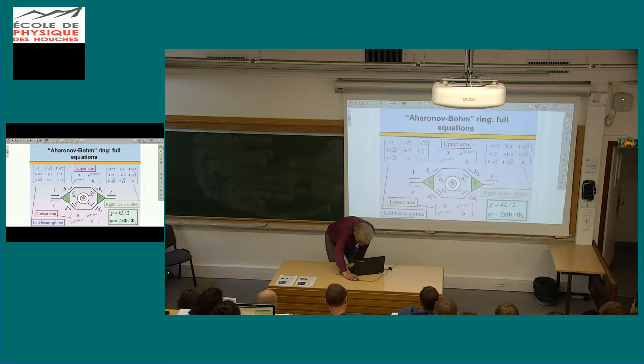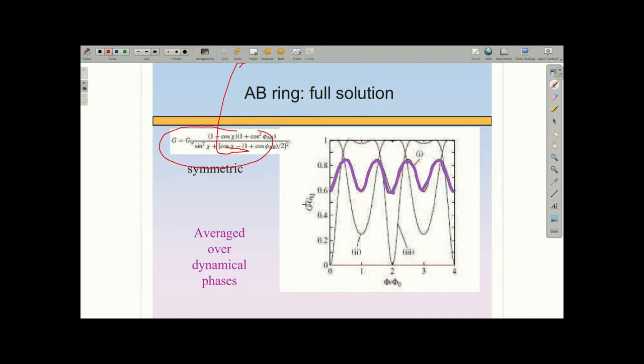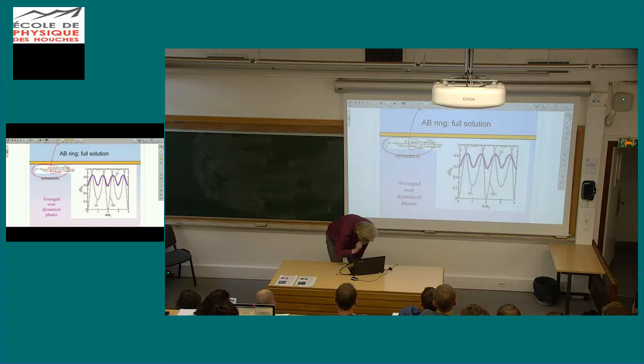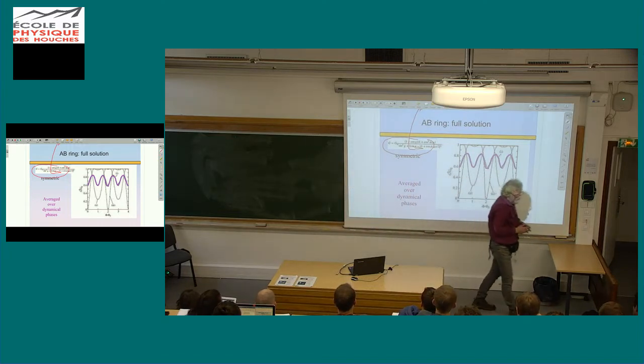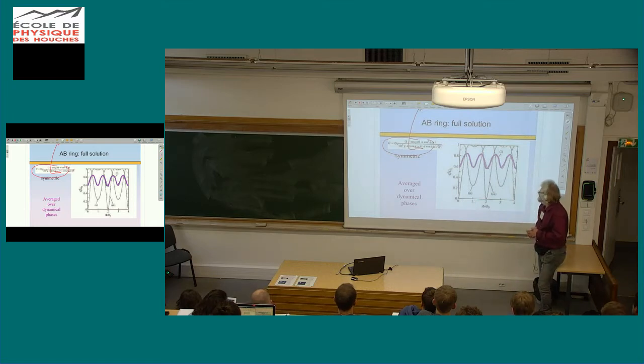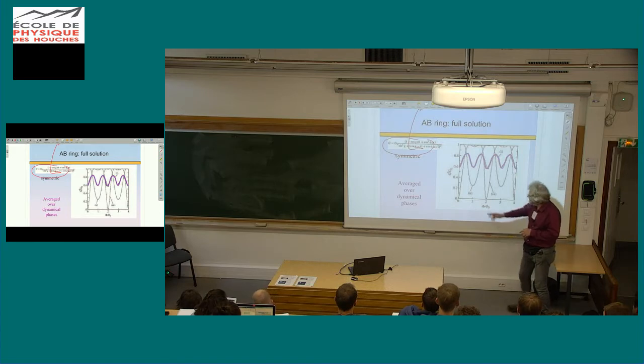Let us see. Nice equation. That's how to solve it. Right. We look at the solution. There's a simple analytical formula at some stage. Here is the plot versus flux: solutions at certain dynamical phases, and I have a period of 2 times phi naught.